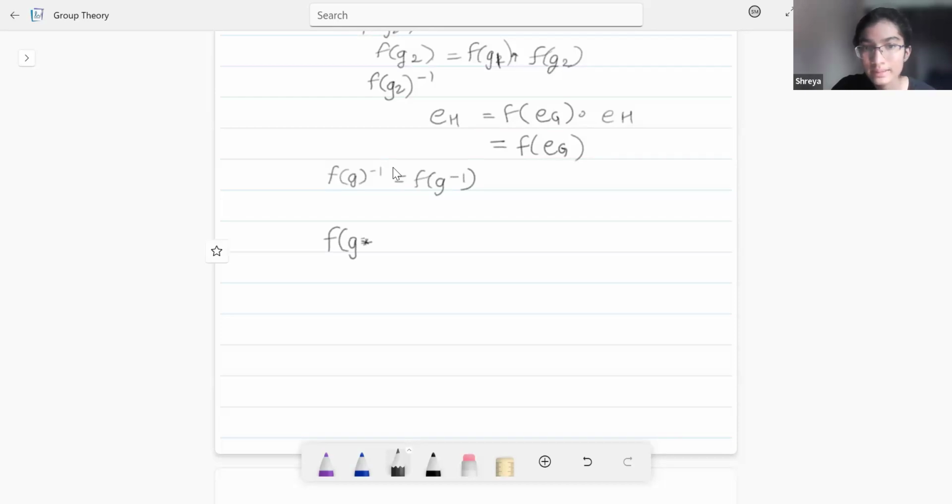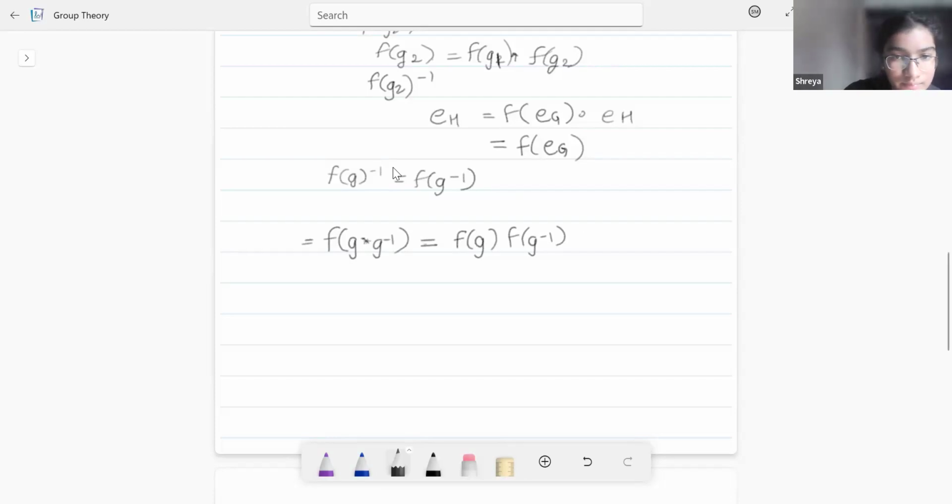Also, I might in general skip this star. You just write it out like usual multiplication. So this thing is equal to f of g times f of g inverse. It's also equal to the identity. So then we are done because we can multiply on both sides by this thing.